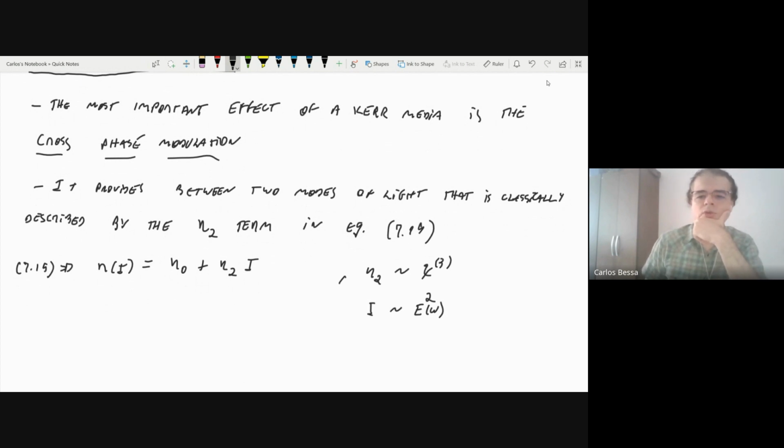This is the nonlinear term in optics, that is related with the polarization vector.